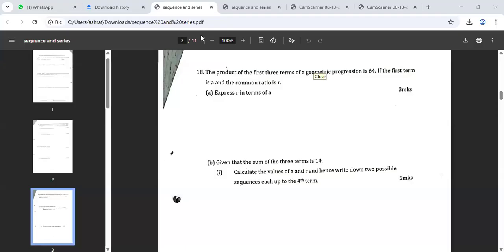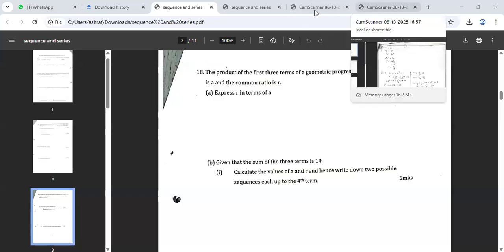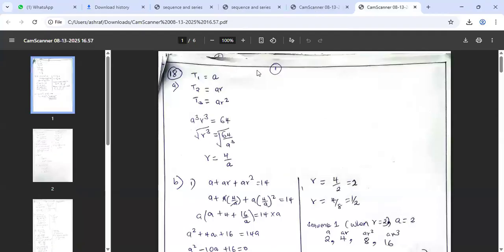For those of us who have not gotten it, this is how we get the value of R. On the screen there, I've written T1, the first term, as A. T2, the second term, is AR.